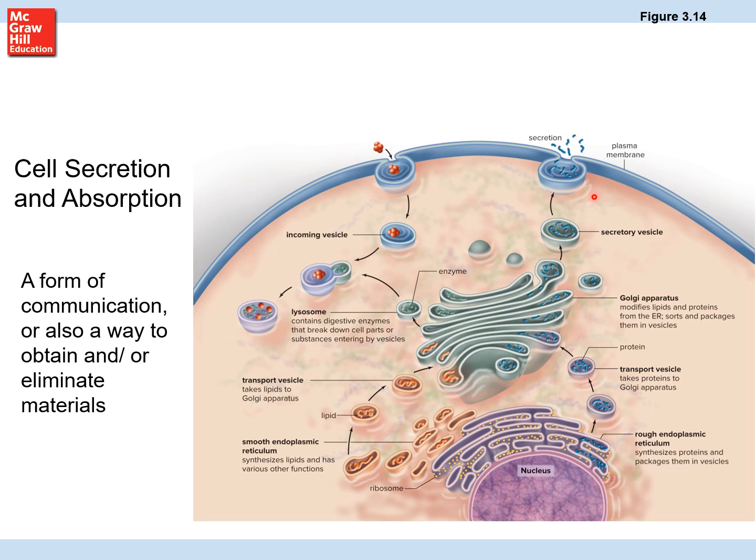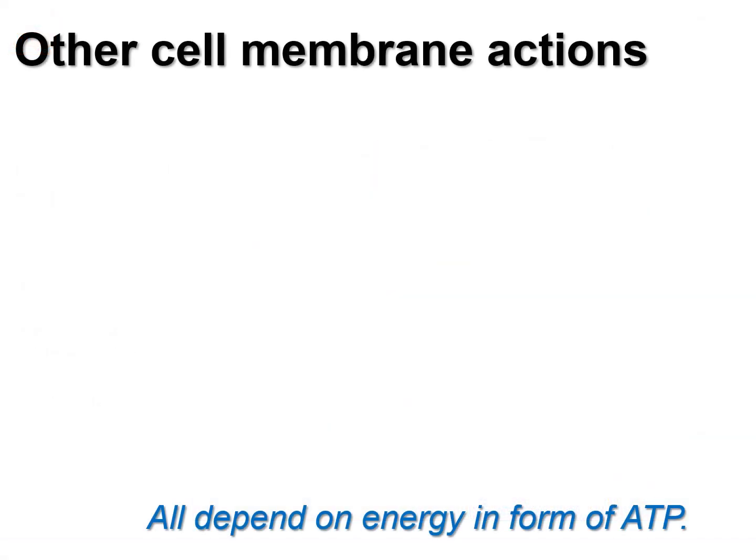Insulin is released in this manner, but it's also a way to obtain and or eliminate materials from the cell. So these vesicular processes do depend on ATP. They are a form of active transport. It requires energy because bending the plasma membrane, pinching it off and merging it is very, very energy intensive.